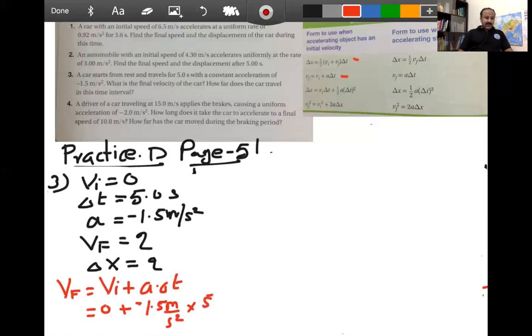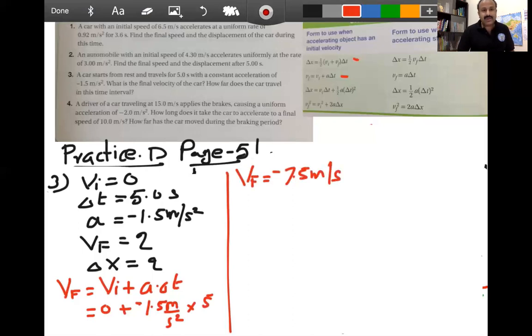So this is going to be how much? You can just multiply 1.5 times 5. So that is going to be minus 7.5 meter per second. So Vf is going to be minus 7.5 meter per second. Okay.